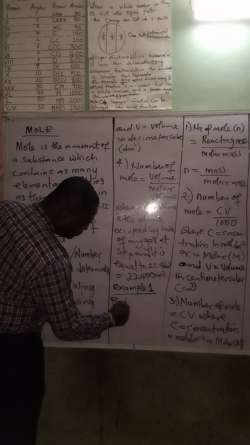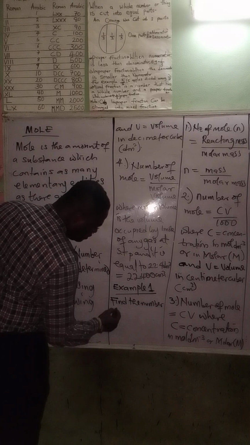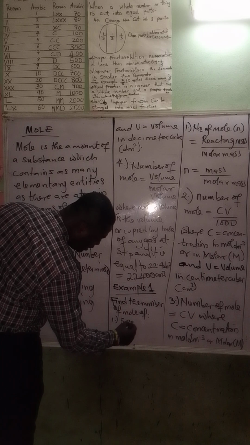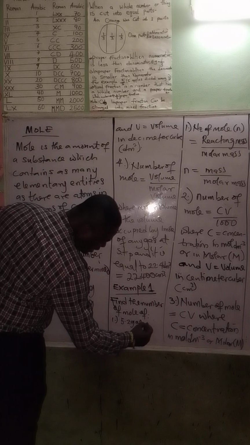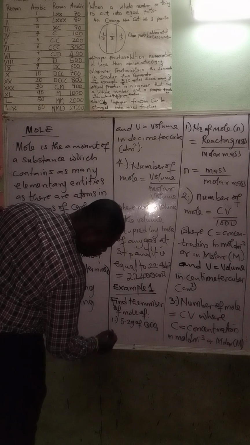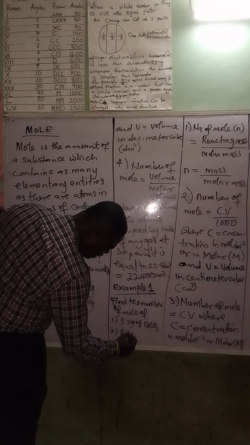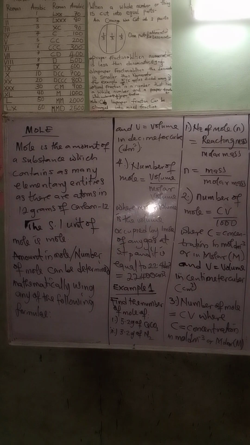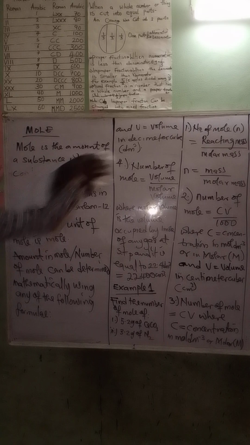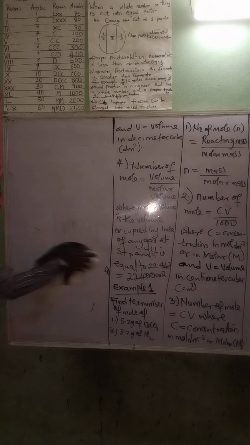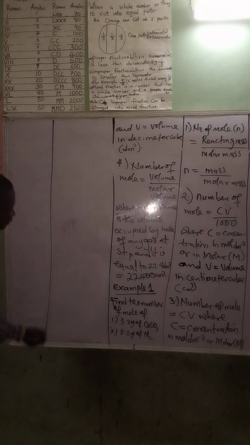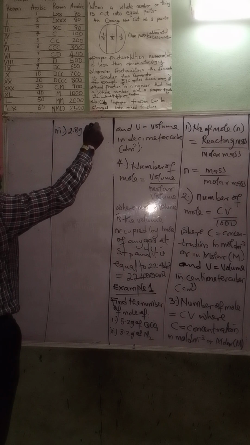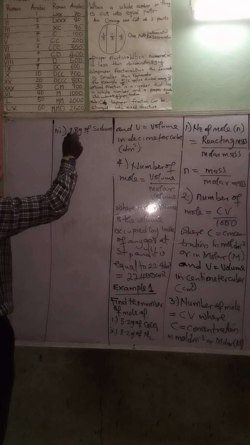We are asked to find the number of mole of: 1, 5.2 gram of calcium carbonate; 2, 3.2 gram of nitrogen; 3, 2.8 gram of sodium metal.